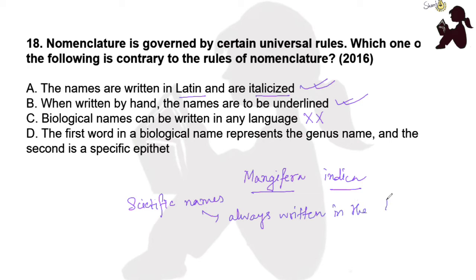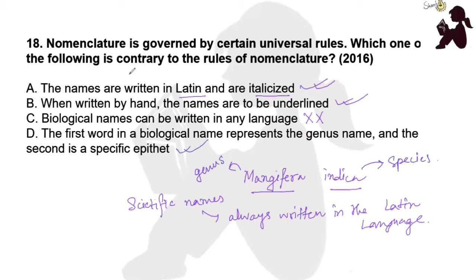Okay, so this option is not true. Then option D, the first word in the biological name represents the genus name. So here Mangifera represents the genus and the second, indica, represents the species or the specific epithet. Okay, so this is also true.